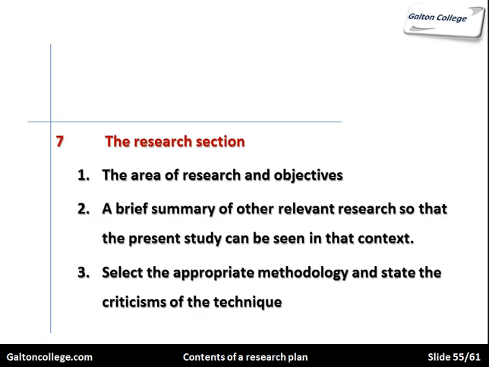Then we have the research section, the area of the research and the objectives. A brief summary of other relevant research so that the present study can be seen in that context. So looking at other work in the area as well as the present work, so the two can be compared. And also the selection of the methodology and the criticisms of any techniques used. It's important to be critical.